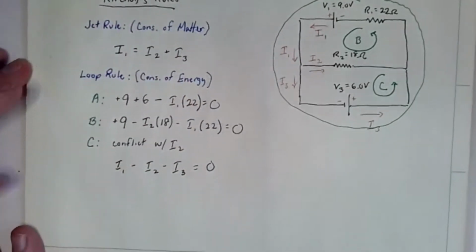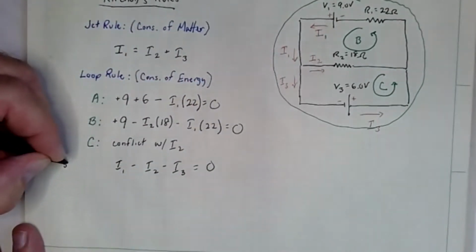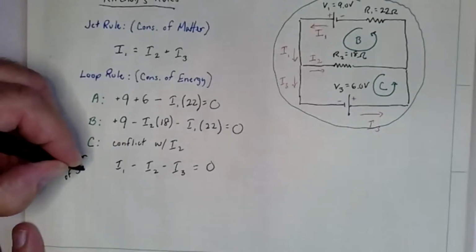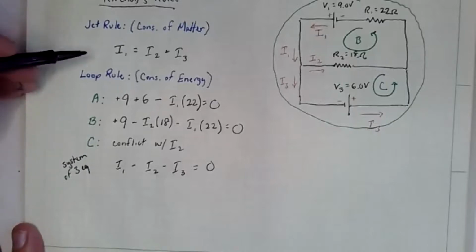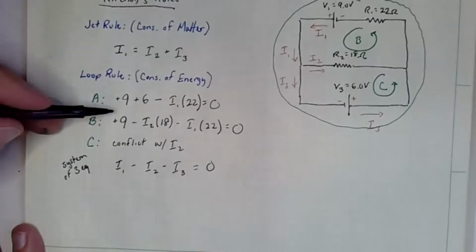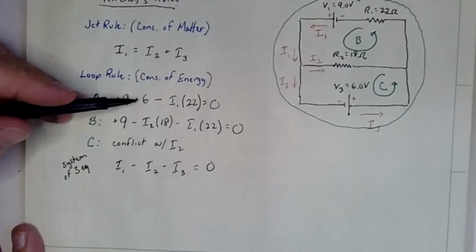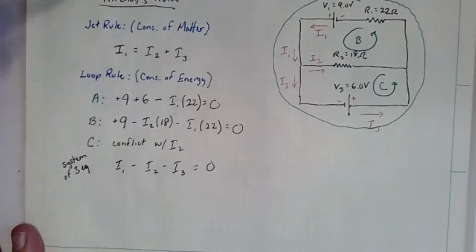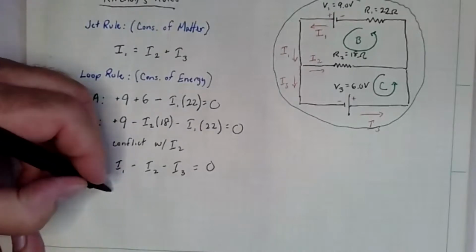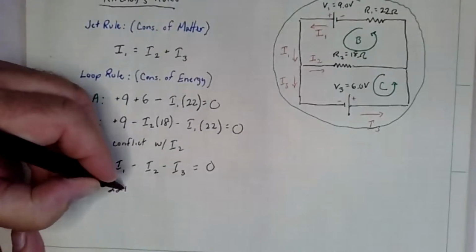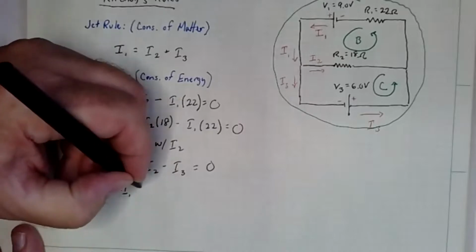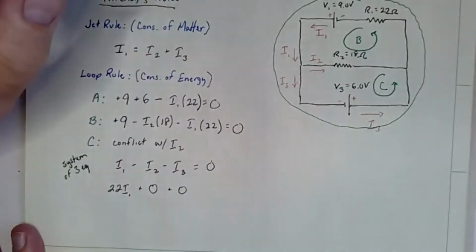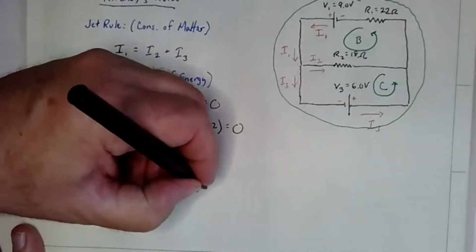Okay, so I'm developing my system of 3 equations. Right, so I just took this one and rewrote it. Now I'll take this one, 9 plus 6 is 15, and I1 times 22. So I'll put all the i's on one side, so this will be 22 I1 plus 0 times I2 plus 0 times I3, and that's equal to 15.